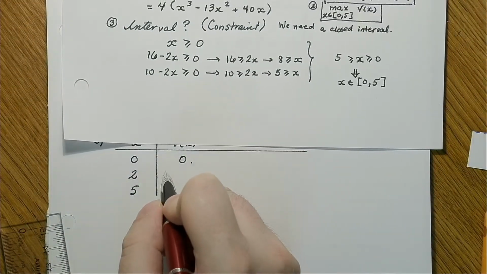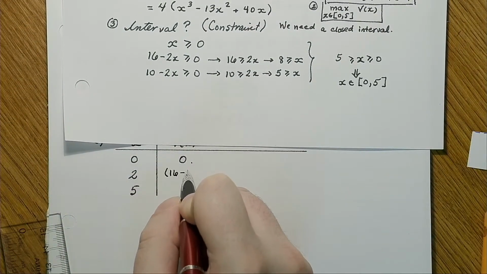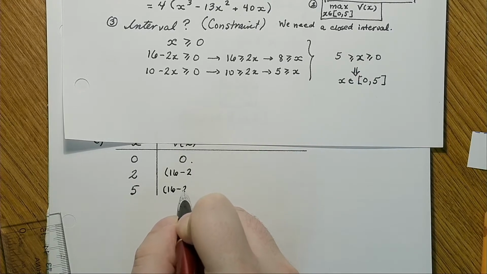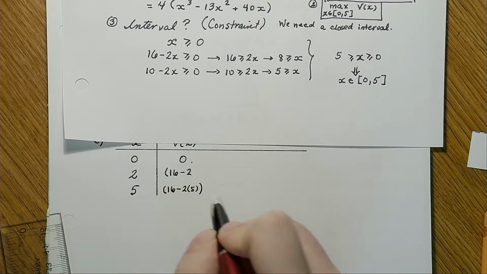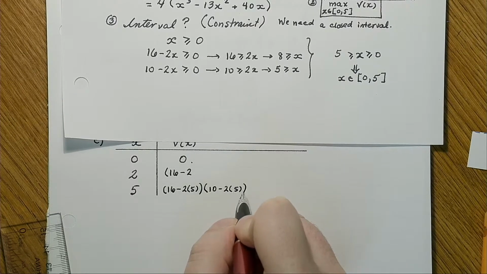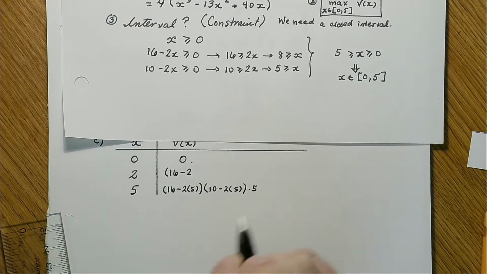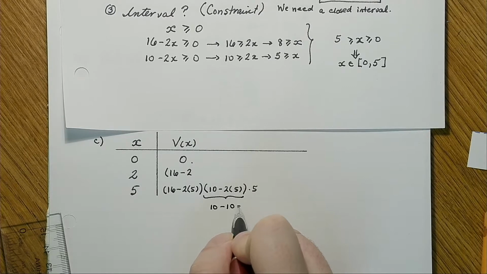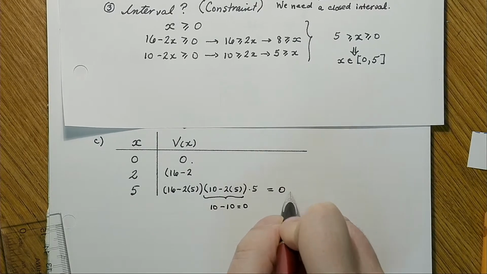So I can just write that here: 16 minus 2 times 5, times 10 minus 2 times 5, times 5 again. So I got 10 minus 10, that equals 0, so this equals 0.